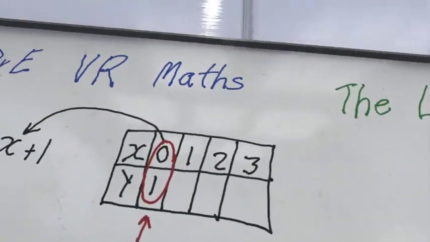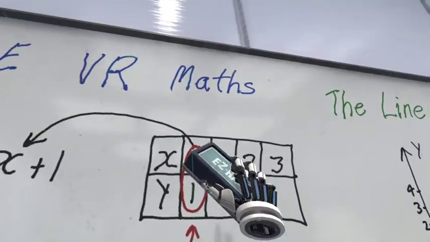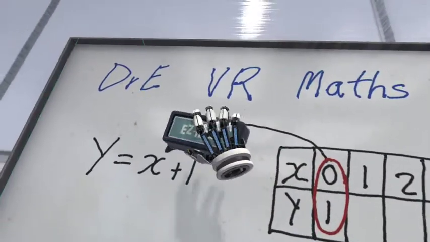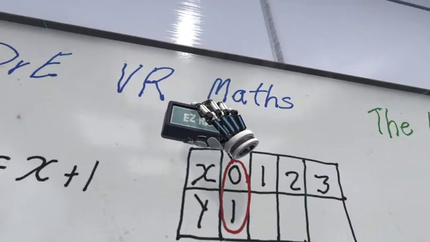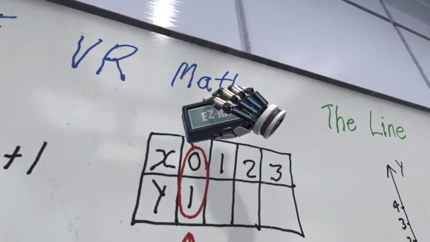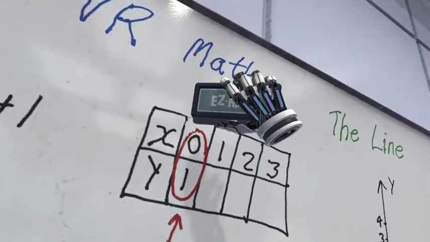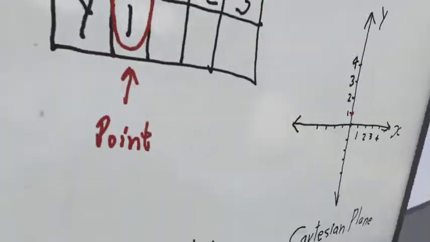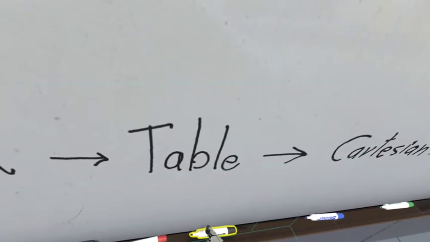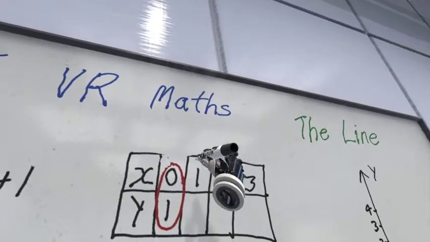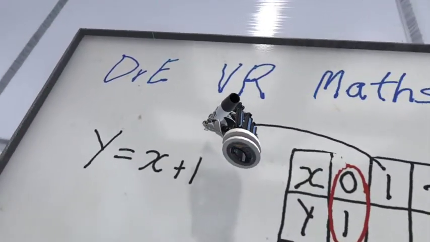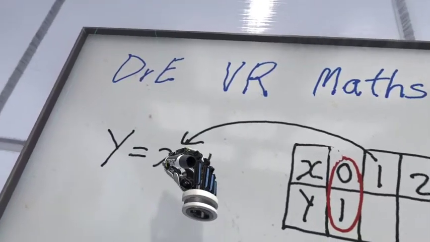Next one, let's do it in red. 1. So we've put in 0 in there. So now we're going to put in 1. 1 plus 1.